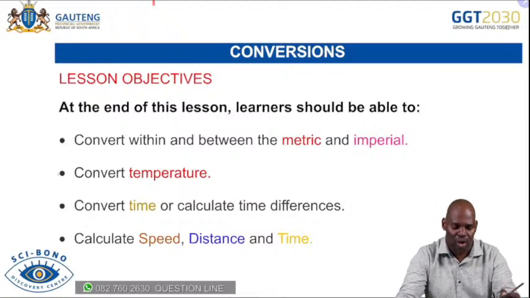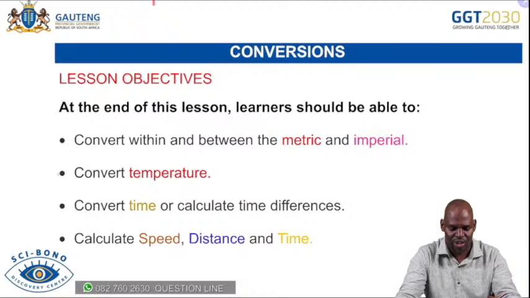The third one is that you must be able to convert time or calculate time differences. Converting time means if you are given time in minutes and they want you to convert it to hours, you must be able to do that. If you are given time in weeks and they want it in days, you must be able to do it.